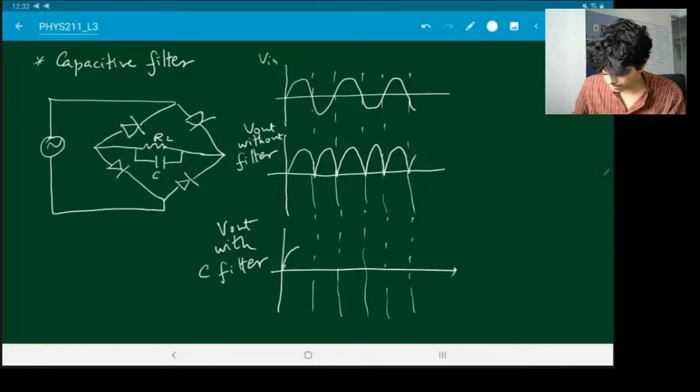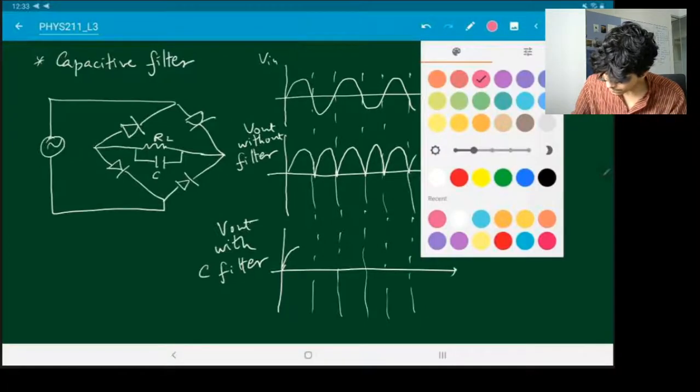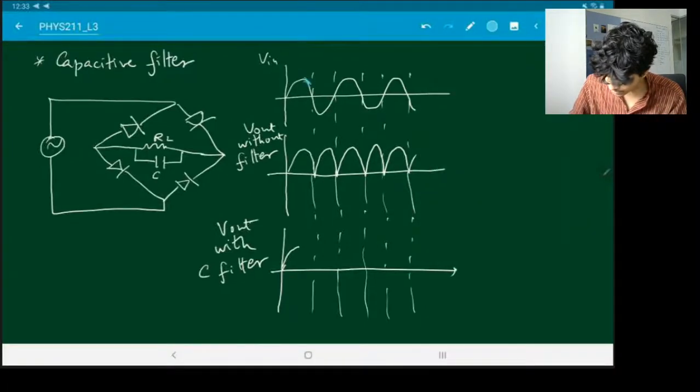Now, as the input starts to reduce, as we are over here now, the input is starting to go down. As the input starts to go down, you will find that the P side of this diode, let's call this D1, starts to become more negative with respect to its N side, because the potential at the P side is reducing.